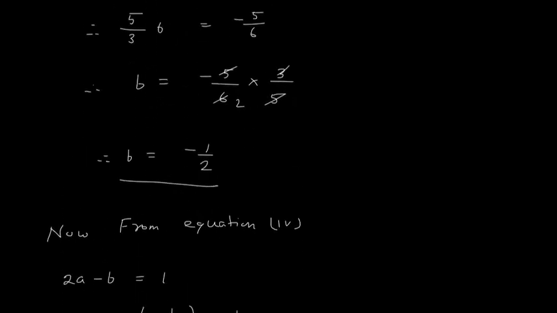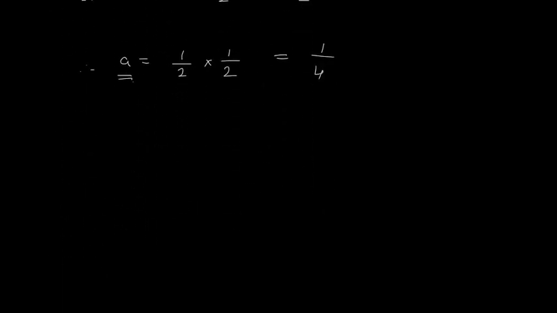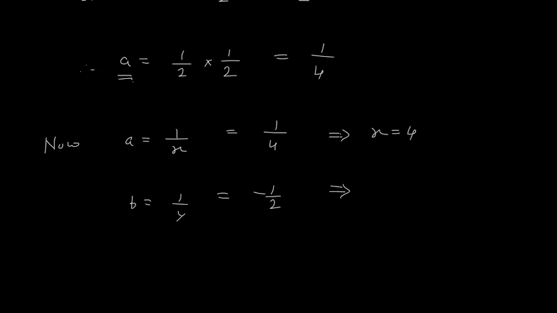So now a is 1 upon x is 1 upon 4. This implies that x is 4. And b is 1 upon y is minus 1 upon 2. This implies the value of y is minus 2.